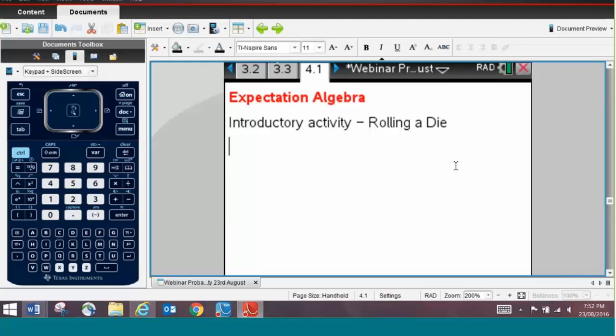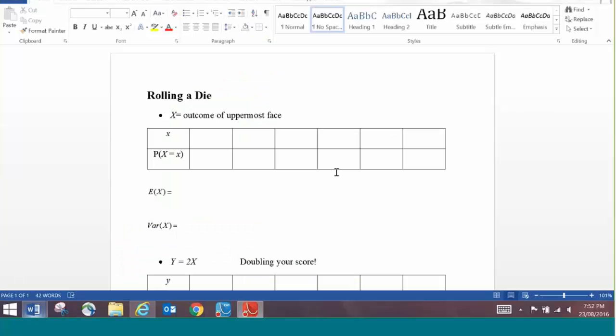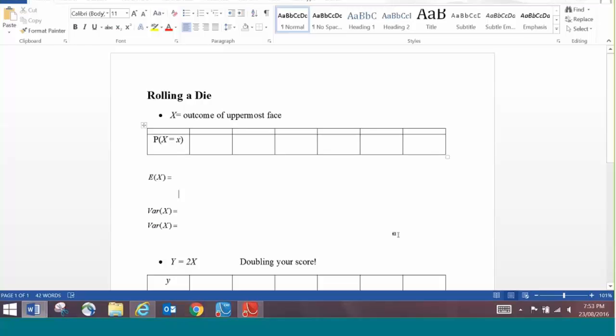One of the things that also comes up in the option is the expectation algebra. A little activity that I like to use when starting out on that is rolling a die. I have a little template here that you'll be able to run off for your students, so you can put in the x values that are possible on the uppermost face of a die and the probabilities of that.